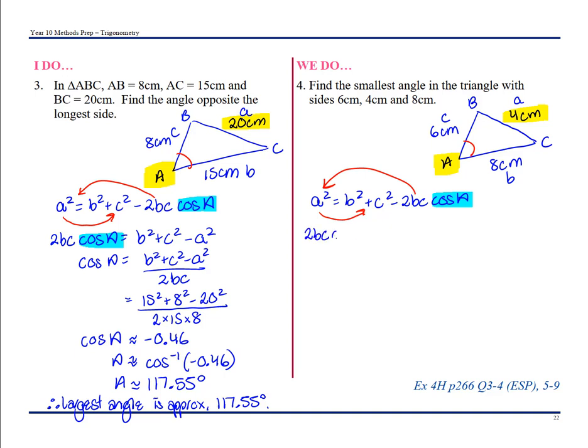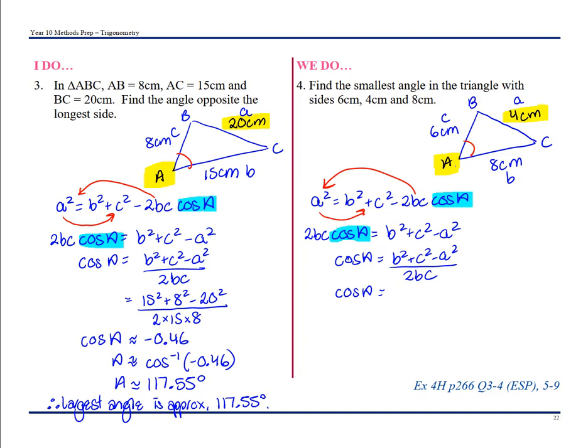So I've got 2bc cos of A equals b squared plus c squared minus a squared. Cos A is going to be b squared plus c squared minus a squared all over 2bc. And that's because that cos A is being multiplied on the left-hand side, so we need to divide to undo it. Substitute the information we've got.